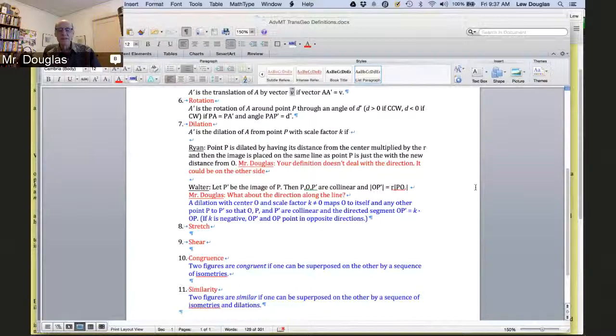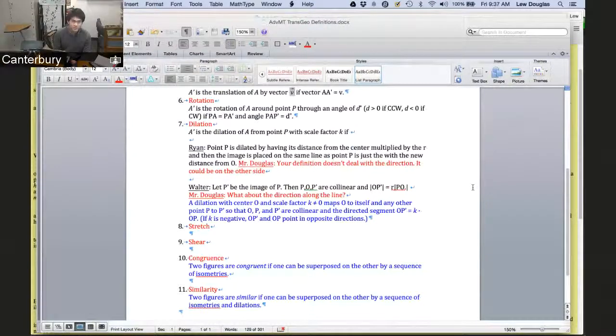Okay. So I want you guys to help me complete, last thing, this dilation definition. This is the last one we'll do today. So A prime is dilation of A from point P with scale factor K. Oh, you have to specify K is not 0 first. Okay, good point. So K is not equal to 0.